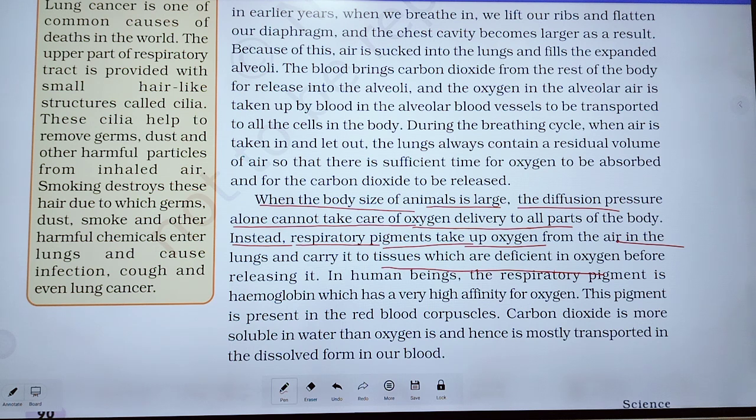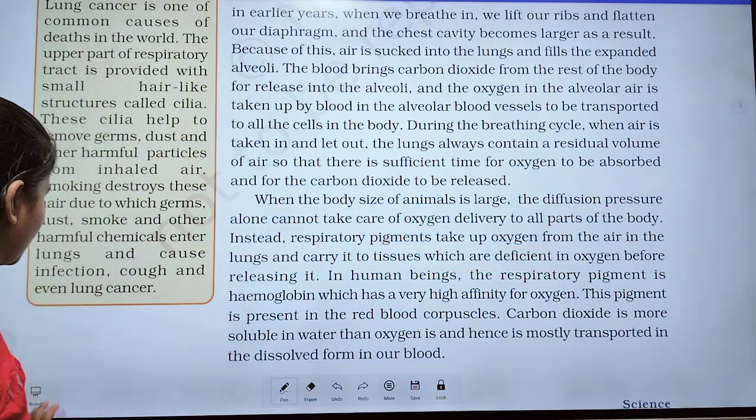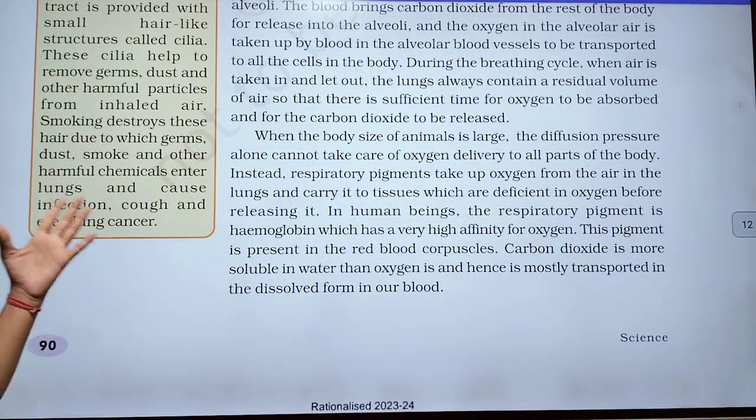Instead, respiratory pigment takes up oxygen from the air in the lungs and carries it to the tissues which are deficient in oxygen before releasing it. So respiratory pigment helps here.